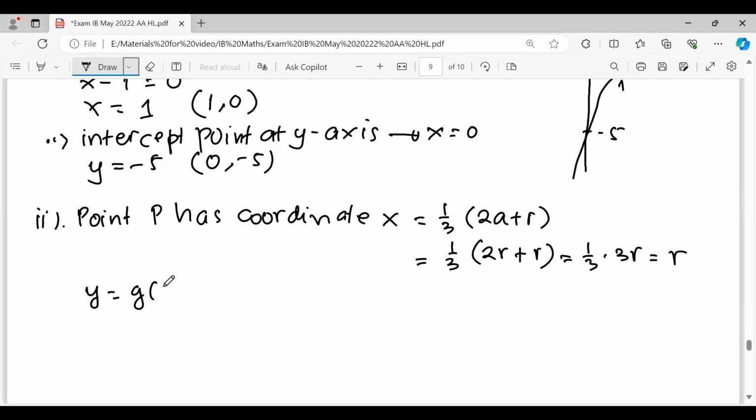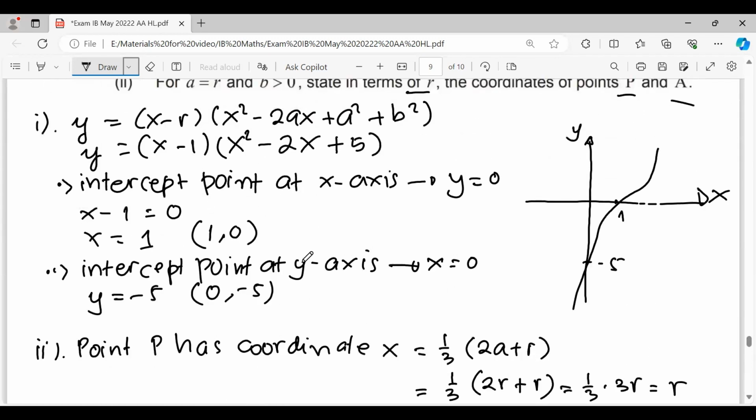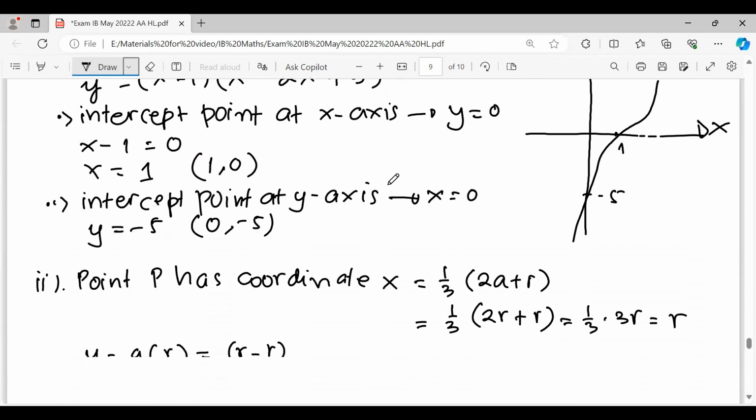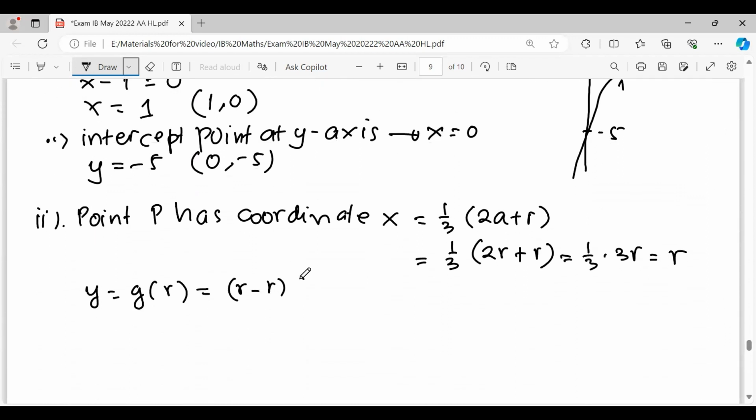Y equals g(r). It is (r minus r) times (x squared minus 2ax plus a squared plus b squared), which equals 0.